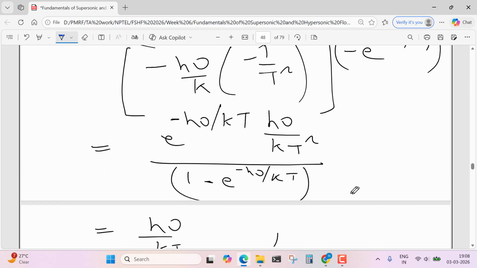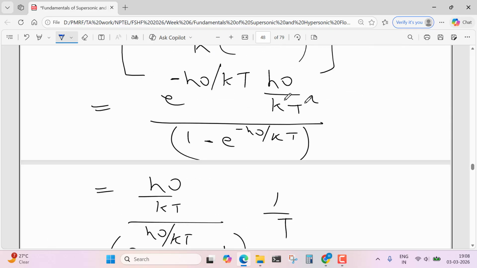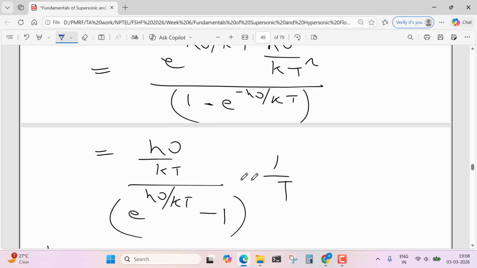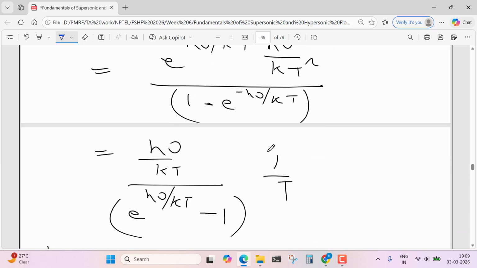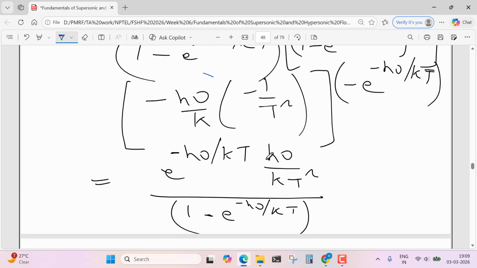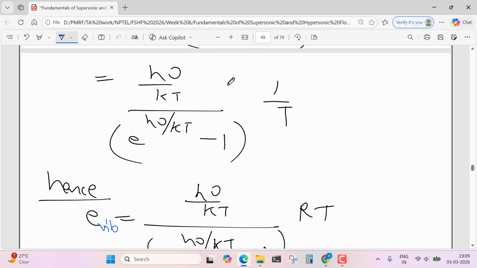So we can write this e to the power minus h nu upon kT as 1 upon e to the power h nu upon kT, and we'll get h nu upon kT into 1 upon e to the power h nu upon kT minus 1. Hence our vibrational energy will be RT square into the multiplication of this term.